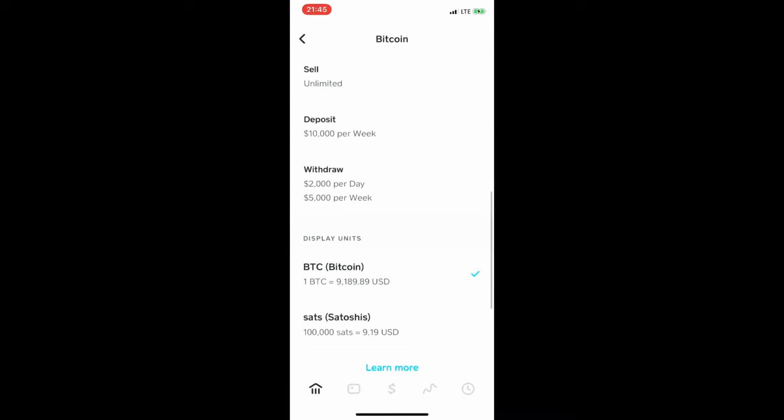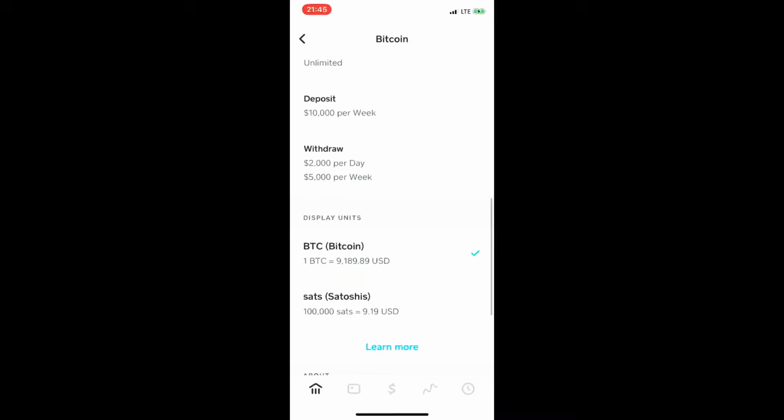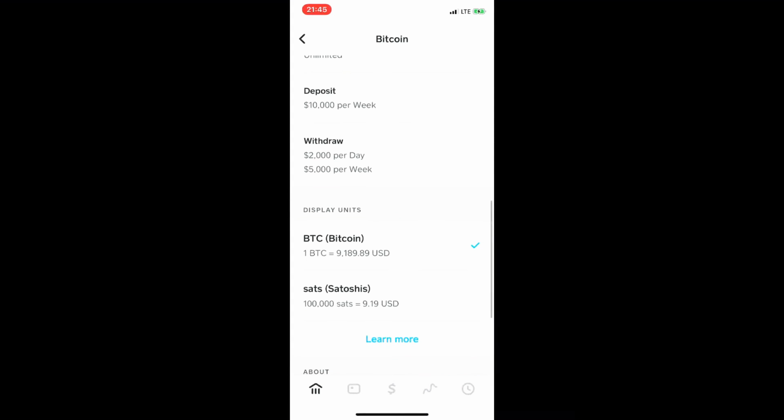That's not the same for everybody. When I first started, I think my deposit level was only 3,000 and my withdrawal level was only 1,000 per day and like 2,000 per week. This changes as you get verified.